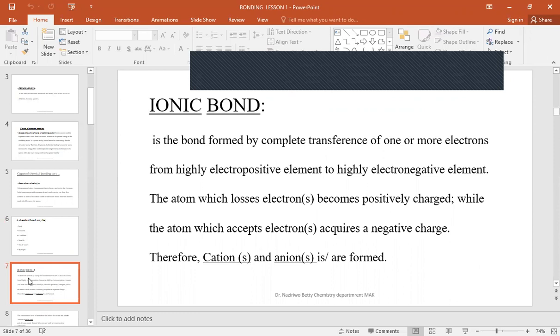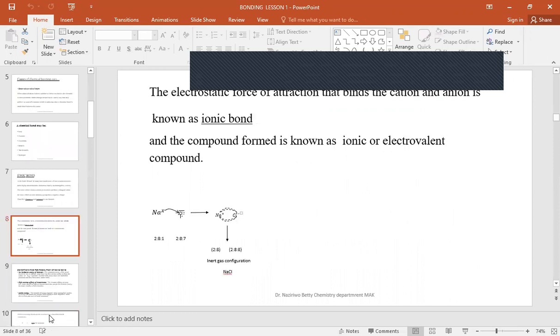While the one which has gained electrons, which is more highly electronegative, will acquire a negative charge on receiving the electron, and it will form an ion, or it is referred to as an anion. The electrostatic force of attraction that binds the cation and anion in a compound is called an ionic bond. Sometimes it is also called electrovalent bond.